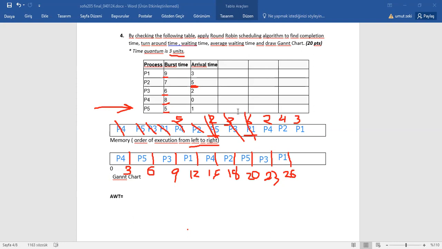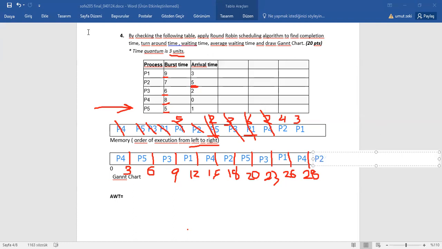The next one is P4. Again, it is 2 nanoseconds, so I will execute only 2 nanoseconds. So 26 plus 2, 28. P2 is 4 nanoseconds.